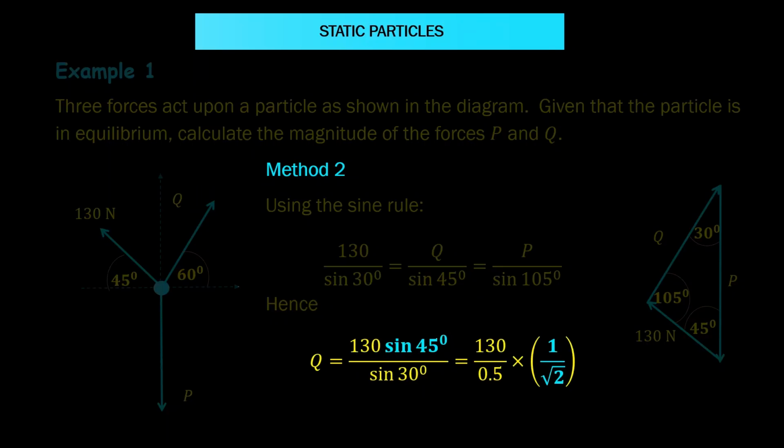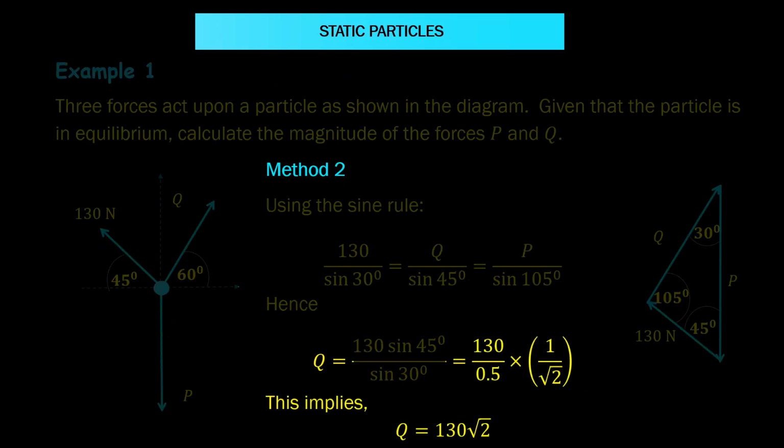And if we plug in sine 45 degrees and the value for sine 30 degrees, we have this expression. And this implies that Q equals 130 root 2, which is what we obtained in method 1.